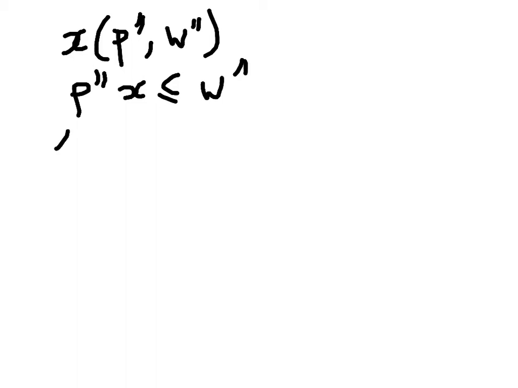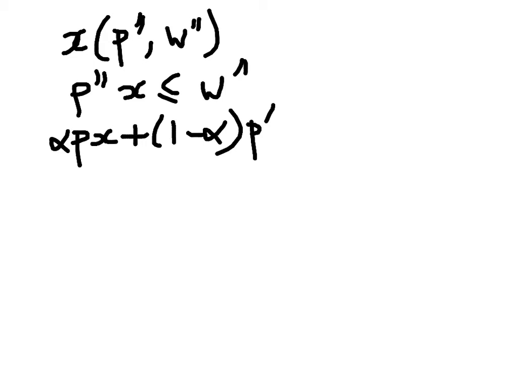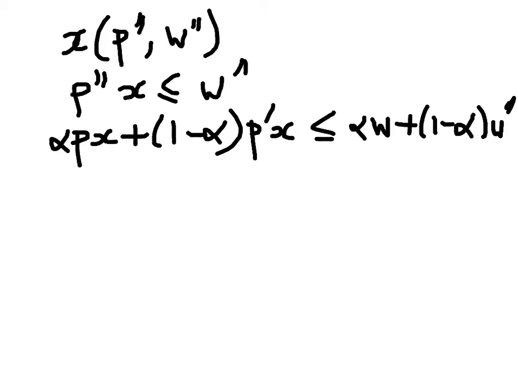So I have alpha P X plus 1 minus alpha P prime X less than or equal to alpha W plus 1 minus alpha W prime.